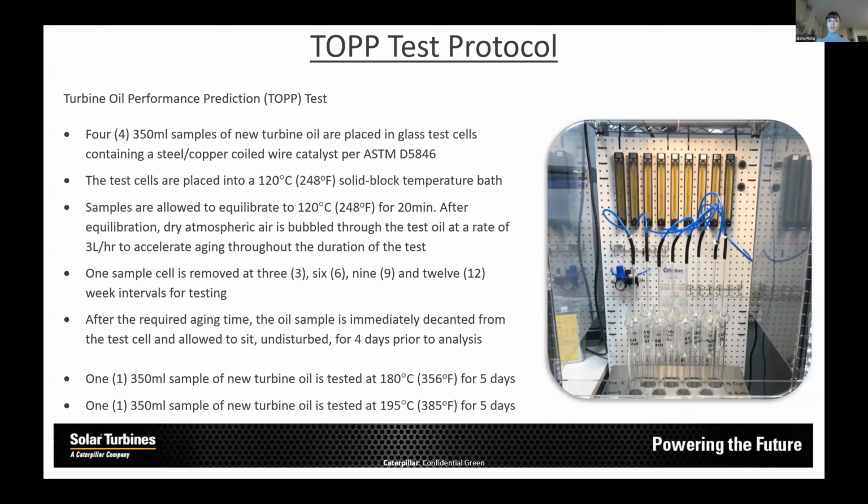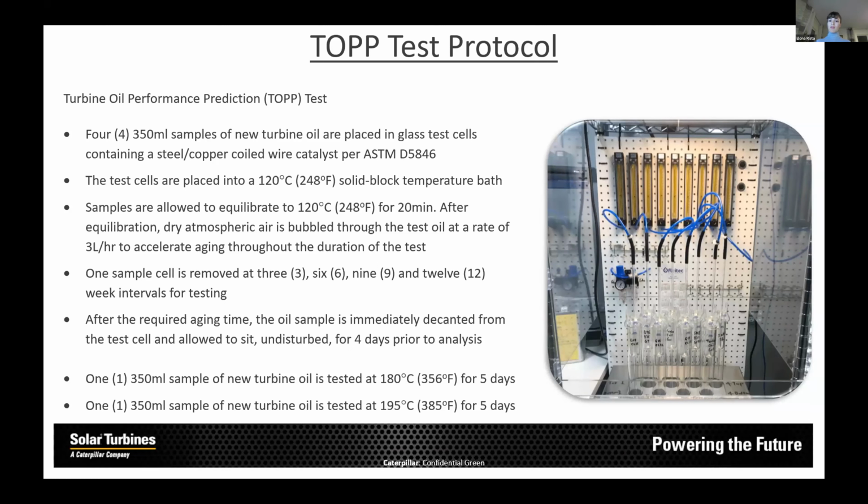This is the TOPP test, the turbine oil performance prediction test. We have been using this test protocol in collaboration with Fluitech. The laboratory where the oils are being tested is the Fluitech lab in New Jersey.